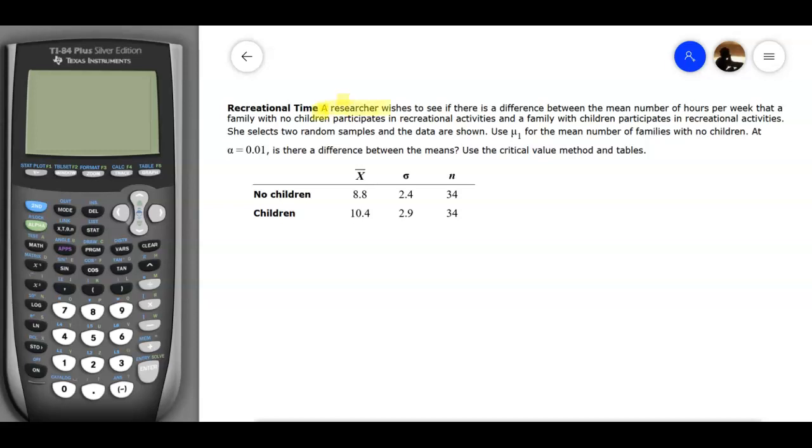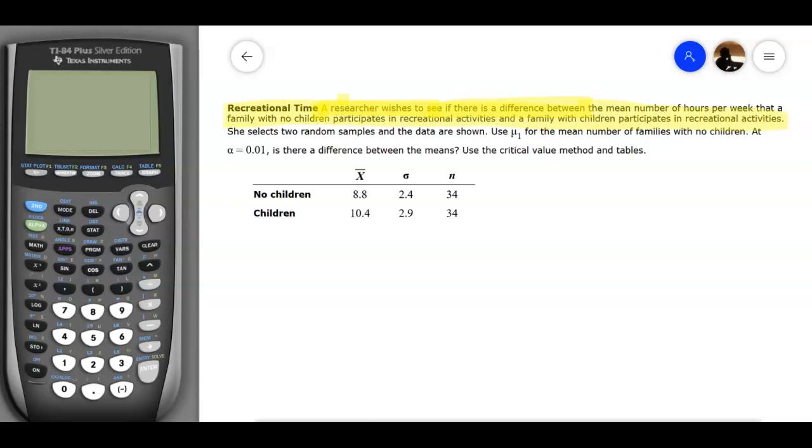So the first sentence is the indication of the claim. The researcher wishes to see if there is a difference between the mean number of hours per week that families with no children participate in recreational activities and families with children participate in recreational activities. Basically this is the sentence of the claim.